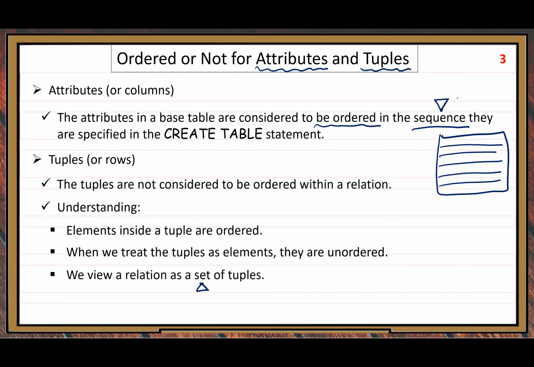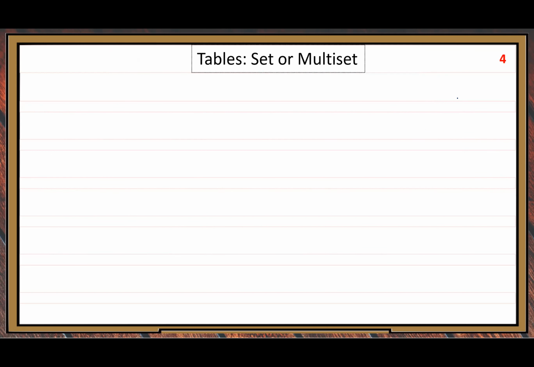Next, we consider two more closely related concepts, set and multi-set. Later, when we do queries, sometimes you will see different behaviors, and you need to use your understanding of these concepts to get a reasonable explanation.